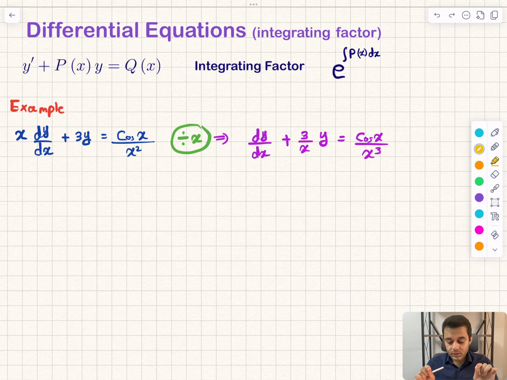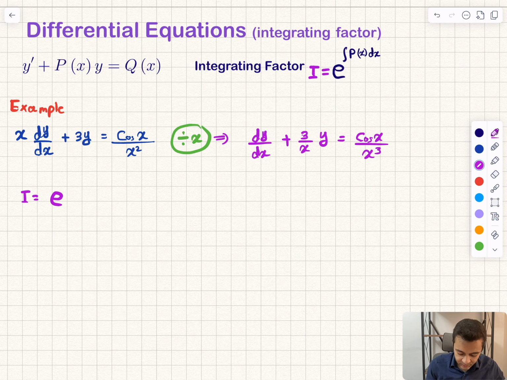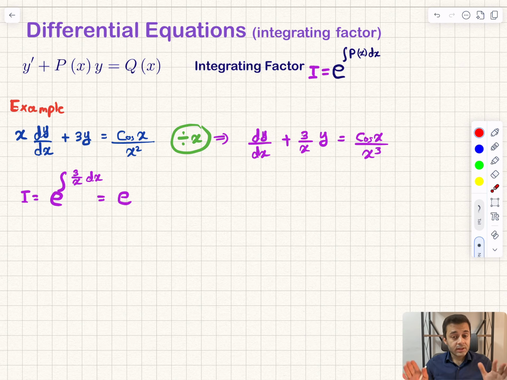Now, after it's ready, the first step to solve equations like these is to find the integrating factor. Let's name it I. So the integrating factor I will be e to the power of the integral of p(x), which is here 3 over x. So I will integrate 3 over x dx. Now we know that when we integrate 1 over x, it will be ln x.